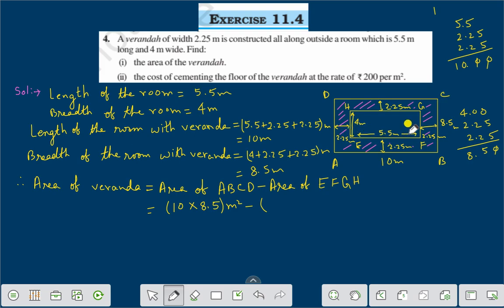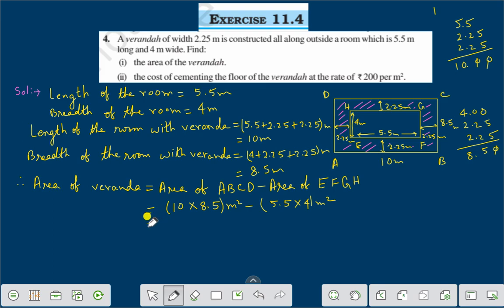The length of EF is 5.5 and breadth is 4, that is also in meter square.